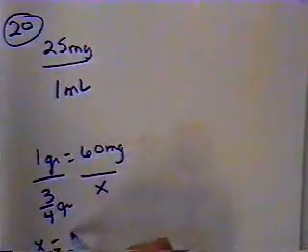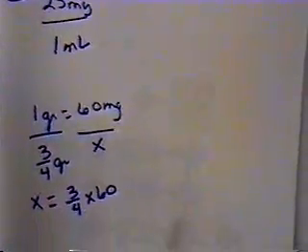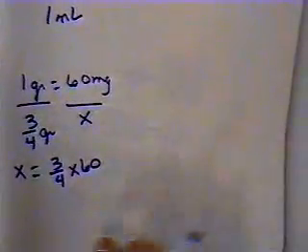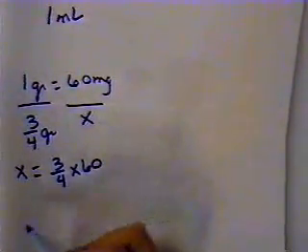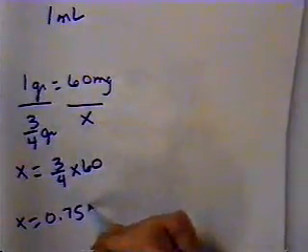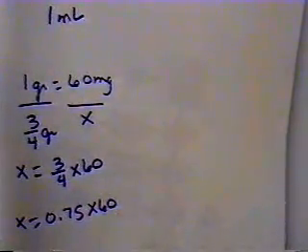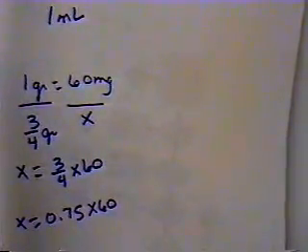X equals 3/4 times 60. Now you can do the arithmetic as the fraction, or because we're always going to the metric system, you could go ahead and take 3 divided by 4 and then multiply that times the 60. Whichever way you want to do it, but the final answer has to be a decimal if it doesn't come out equally.